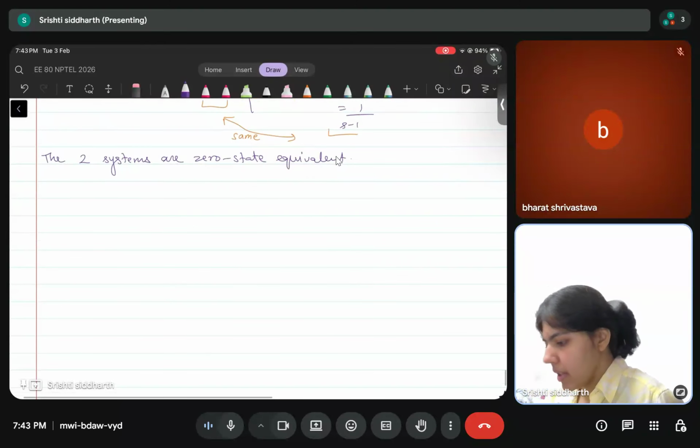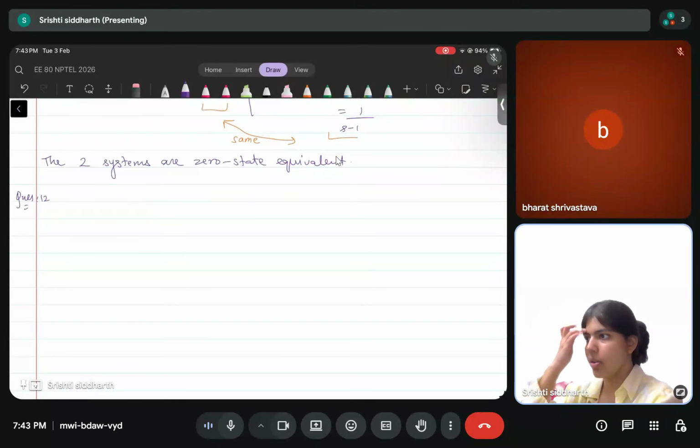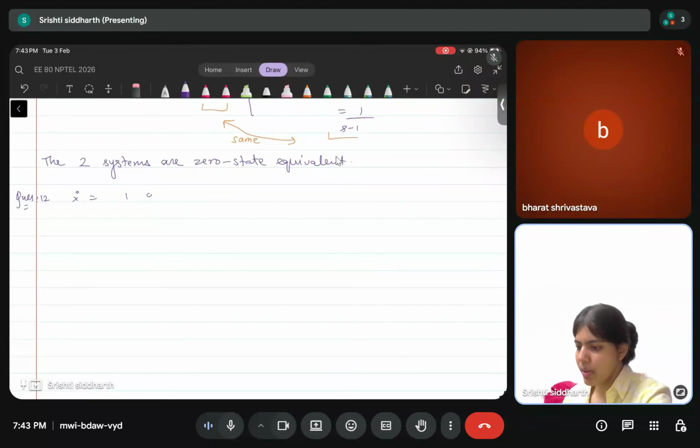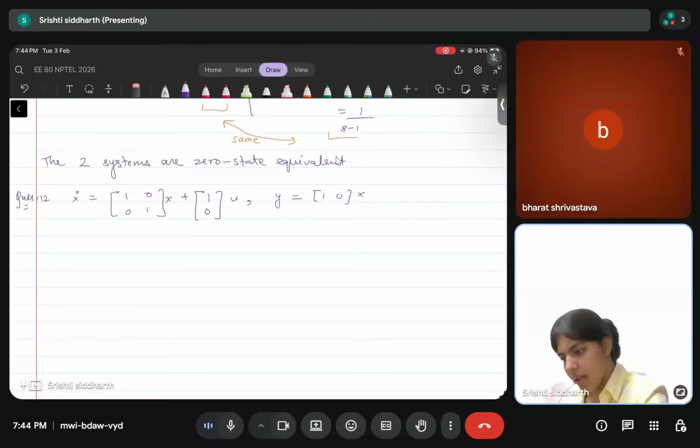Let's look at another example of equivalence. So this is question 12, and this would be the last question for today. The two systems are x dot equals [1 0; 0 1] x plus [1; 0] u, and the output is y equals [1 0] x. So the first system is a second order system. We have a 2 by 2 system matrix. The other state is x bar.